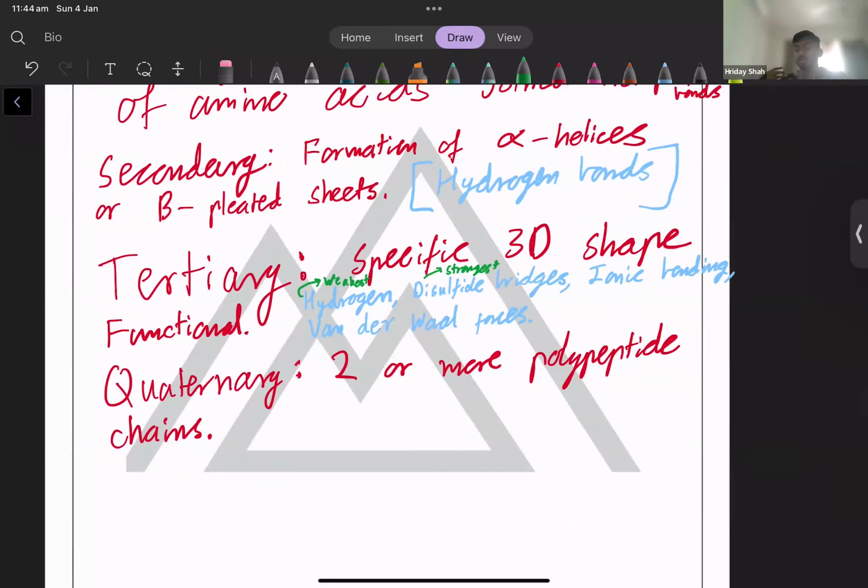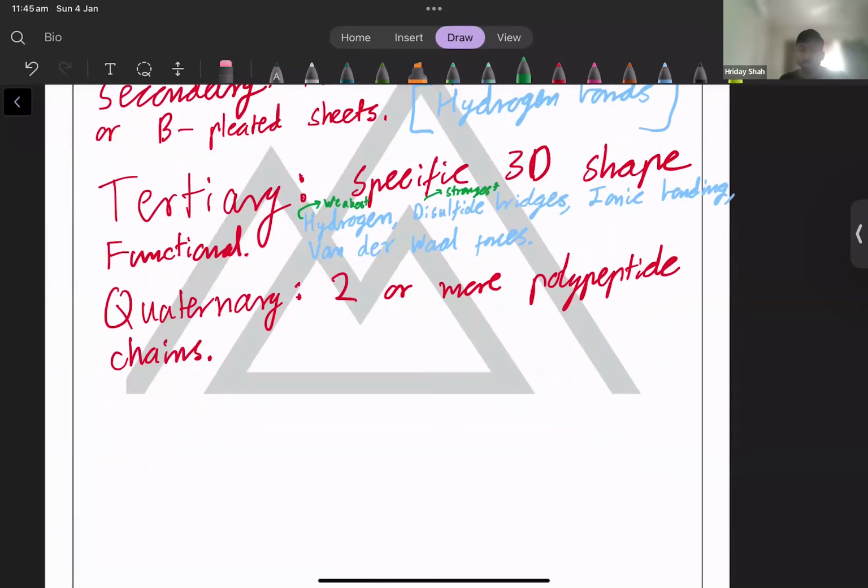You want to go with trying to use a lot of disulfide bridges, and therefore you would need the amino acid cysteine in that protein. Whereas if you want to go for something weaker, something that's more flexible, right, you're going to go with hydrogen bonds because they're more easily breakable. At the quaternary level, it's the same bonds as the tertiary level because you've introduced all the bonds at the tertiary level.